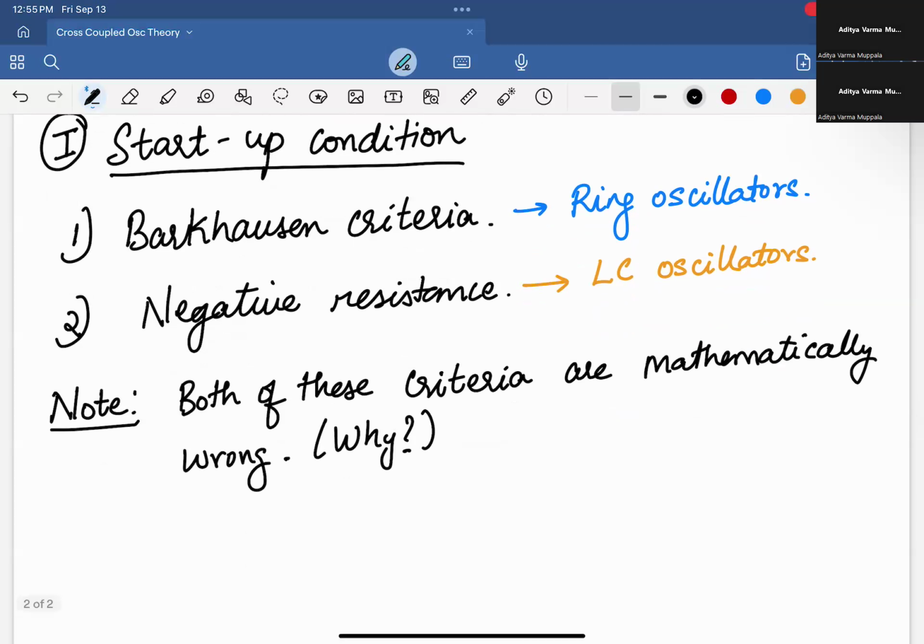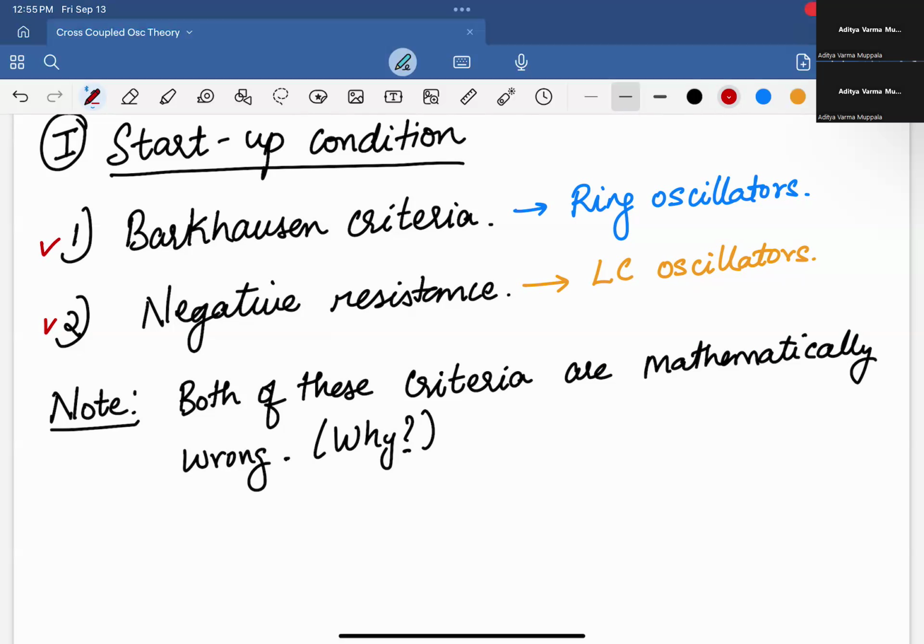Well, we started off the whole limit cycle discussion saying that you can't have a stable limit cycle in a linear system, right? Whereas both of these criteria, Barkhausen criteria and the negative resistance criteria, are based on linear systems theory, or linear circuit theory. So clearly they cannot place an oscillation condition when oscillation itself can only occur in nonlinear circuits, right? So that's one big issue with it.